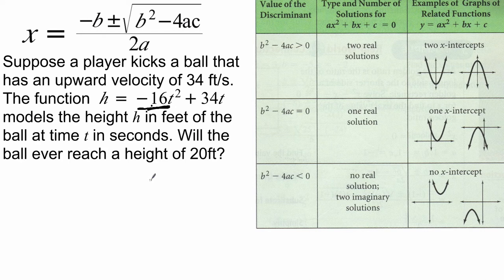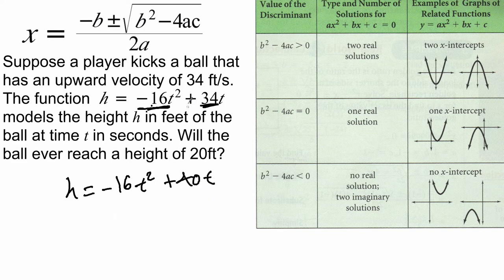This coefficient, negative 16, is related to the acceleration of gravity in feet per second squared. This is your velocity. So if I had said he kicks the ball in the air at a rate of 40 feet per second, then the equation would still say negative 16t squared, but then it would say 40t.